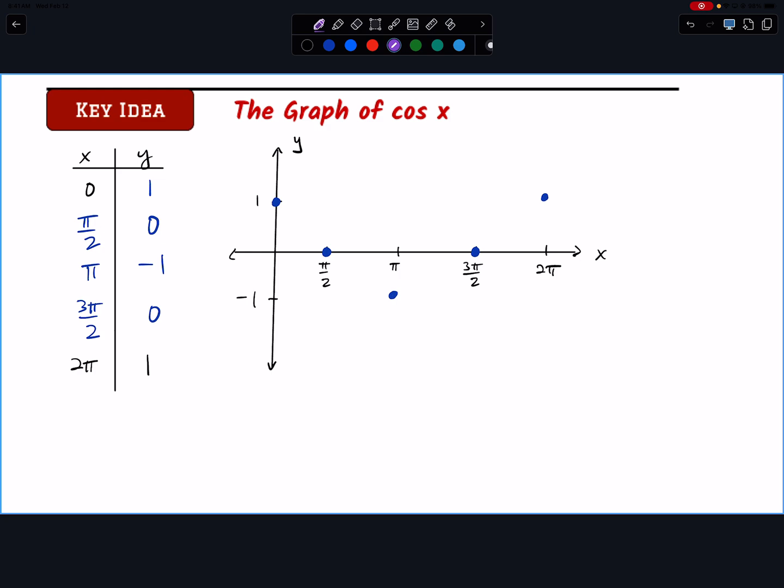Same thing for cosine. This gives us one glimpse. This is called one period or one cycle of the graph, but it's going to repeat forever. So I'm going to connect the points like this, but I'm going to leave the arrows like that to demonstrate that it's going to repeat.